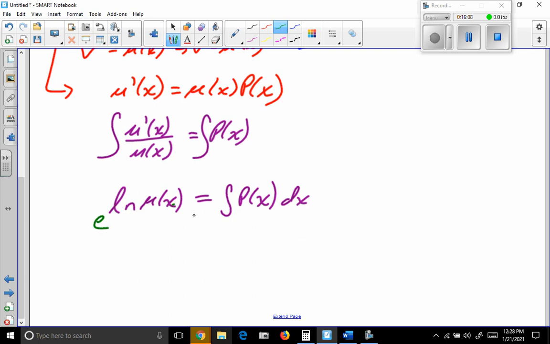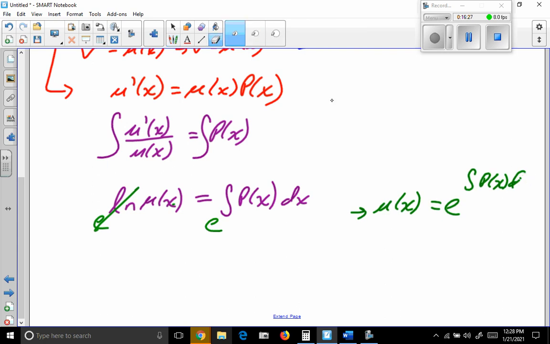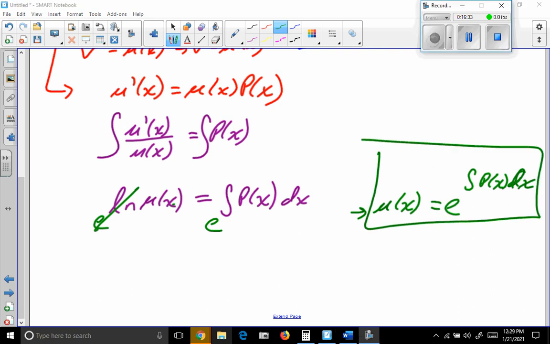To get rid of the natural log, we can do e to both sides. So e to the natural log cancels. So we're going to get that mu of x is e to the integral of P of x dx. So when we do that, we come up with this mu of x, which is referred to as our special integrating factor.